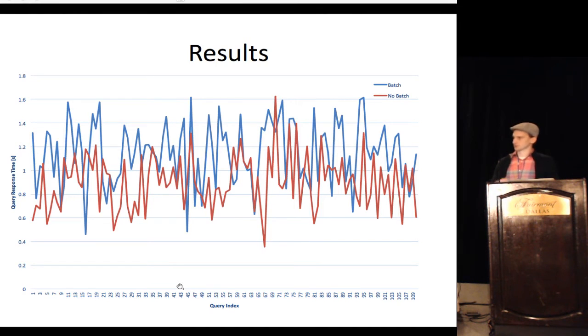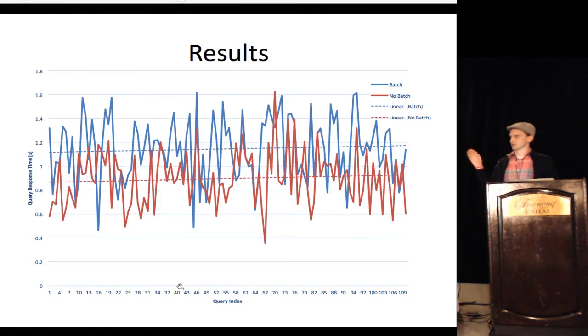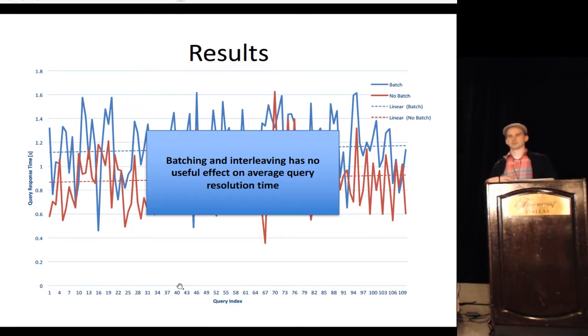It just looks like a lot of noise, but the trend is actually pretty similar, pretty constant for both, which leads us to believe that this batching effect pretty much has no real impact on the average resolution time, and therefore no effect on the perceived frequency of requests. Because if it did have an impact on the frequency, then the resolution time would have been appropriately affected as well.